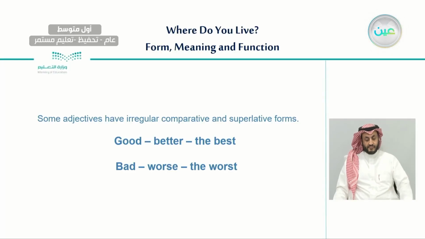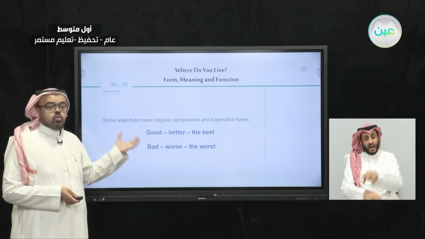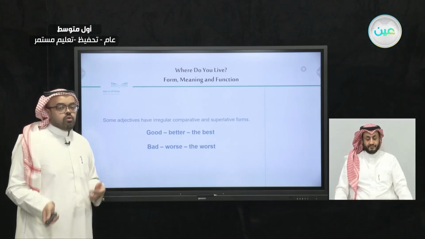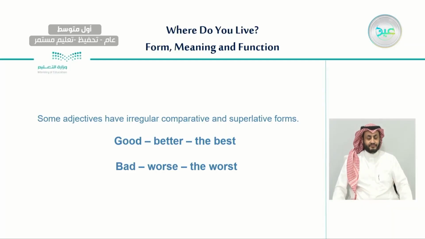And also, as in every rule, we do have some irregular forms. One of the most famous irregular forms in the comparison rule are good and bad. If we want to use a comparison with the adjective good, we won't add er or the most. No, we have a different form, which is good.